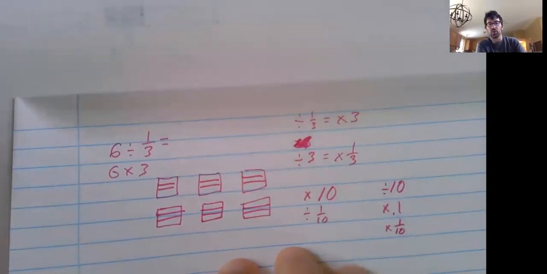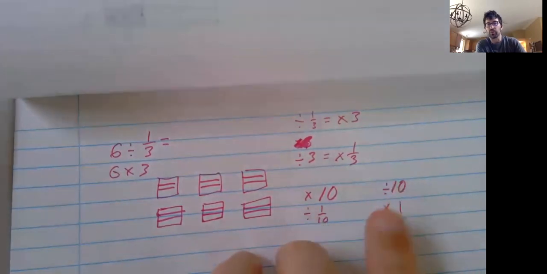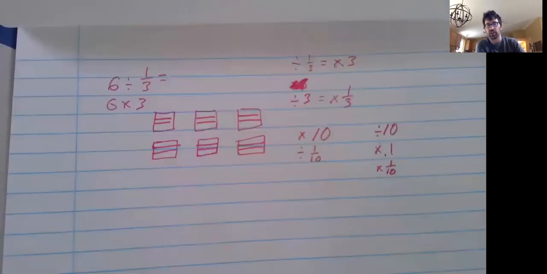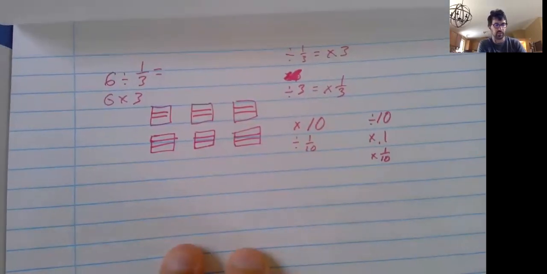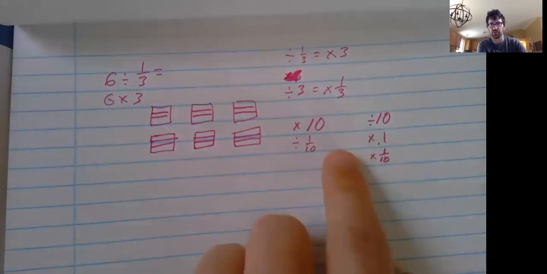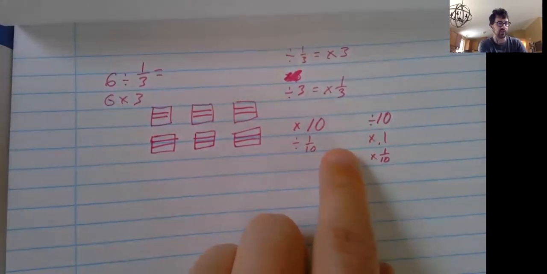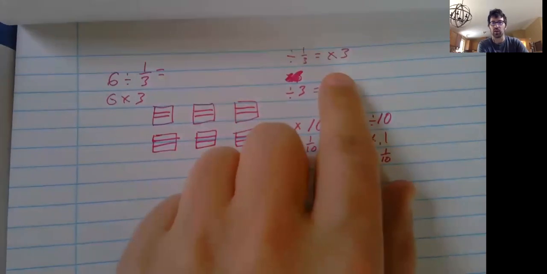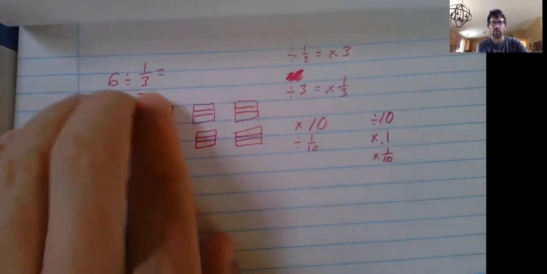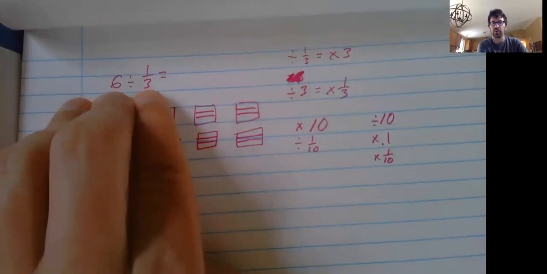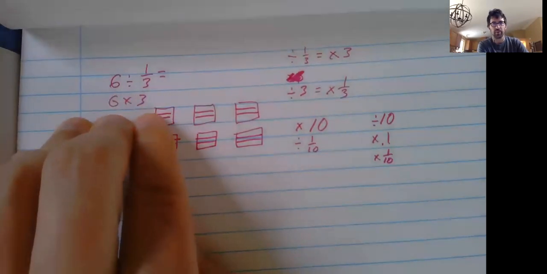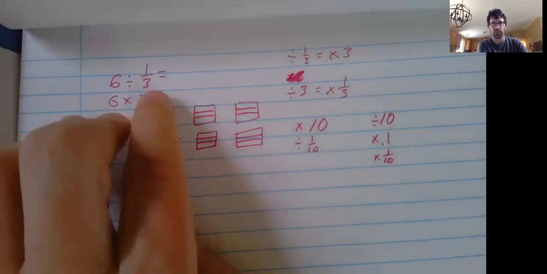We should have accepted this as a truth from all the evidence we've shown, so this is going to work as well. If I have 6 divided by 1/3, why not just multiply by 3? It works for these unit fractions.